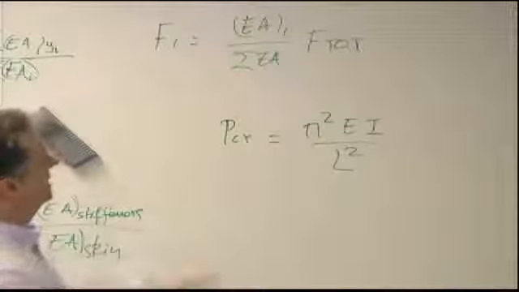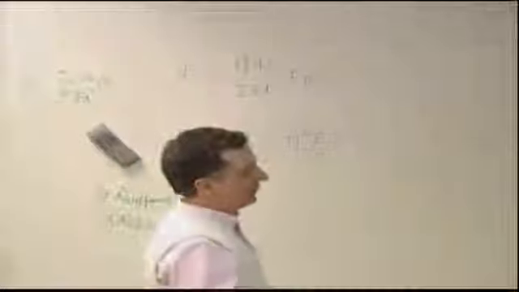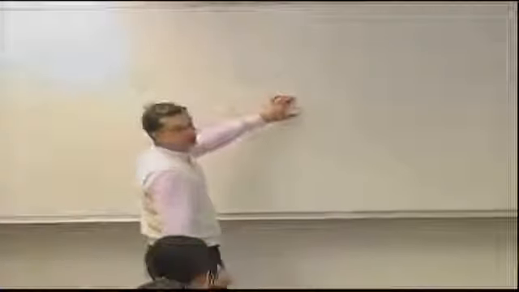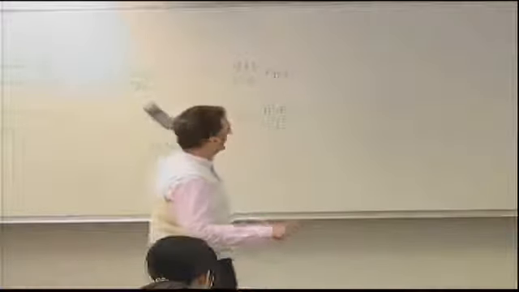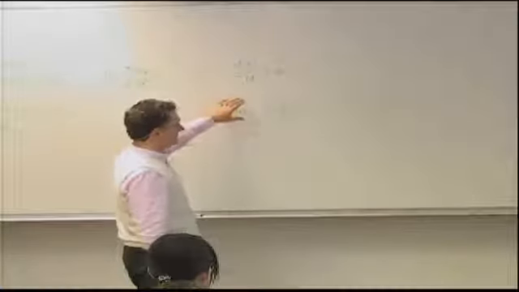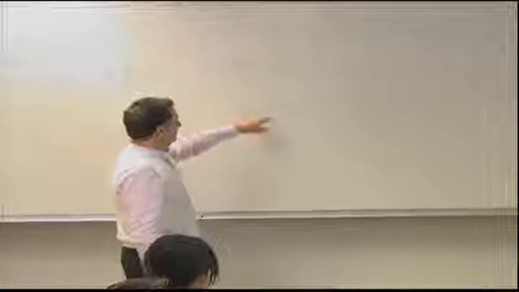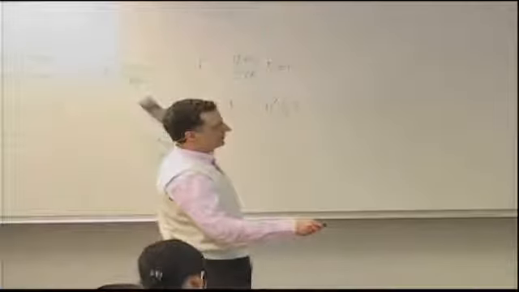If you notice, this one is in units of force, while this one is in units of force per width. So the EI term is actually replaced there by D11 times width. If I divide this by width, then EI divided by the width gives me my D11 term.